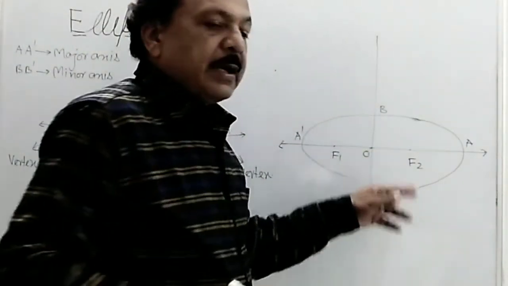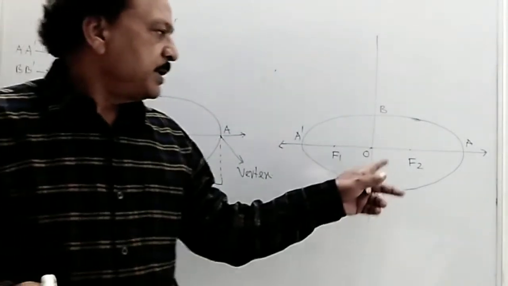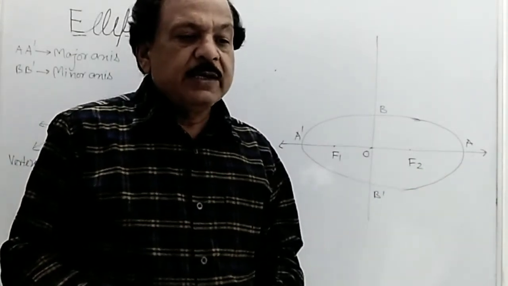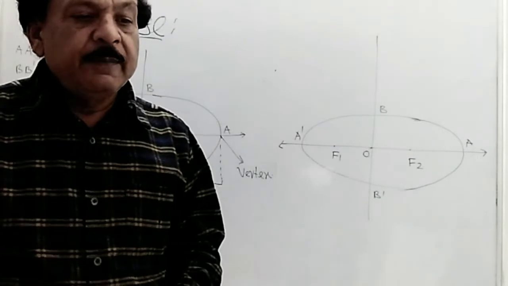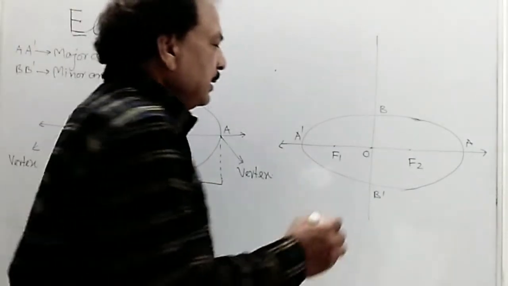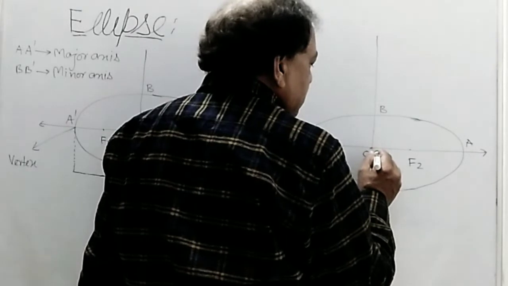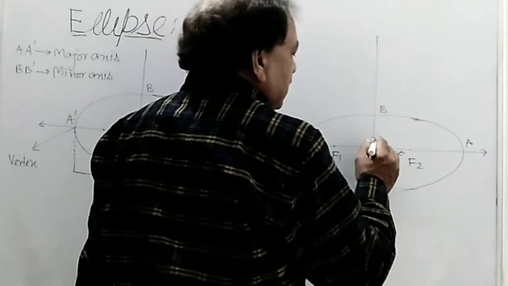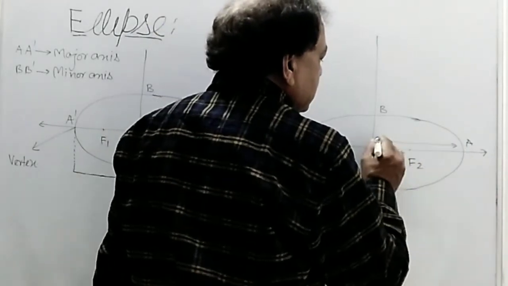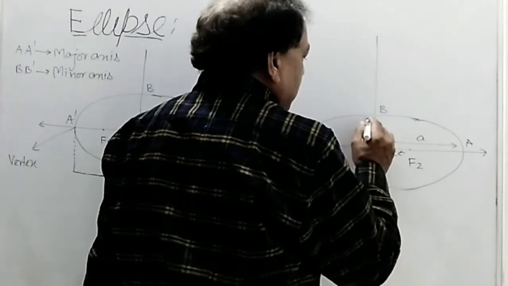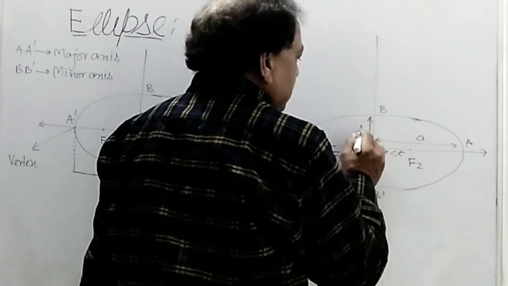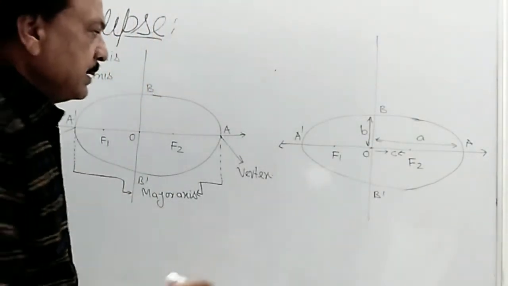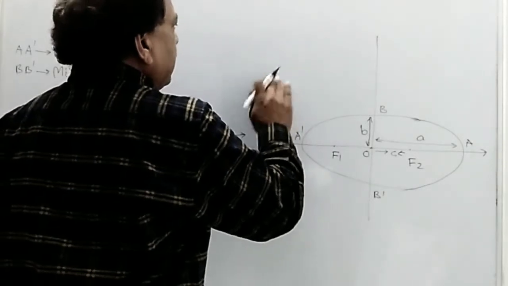The length of the foci from the center of the ellipse is C. So we consider this distance as C, this distance as A, and this distance as B.